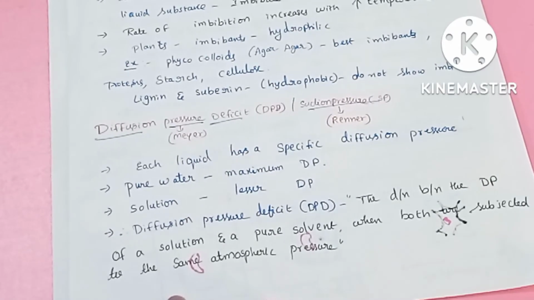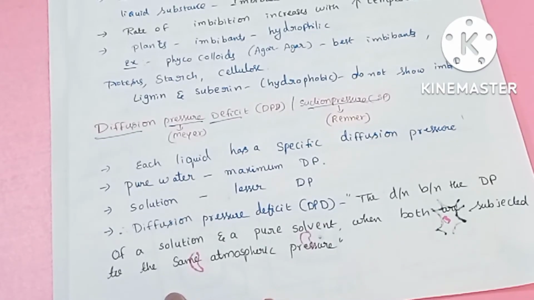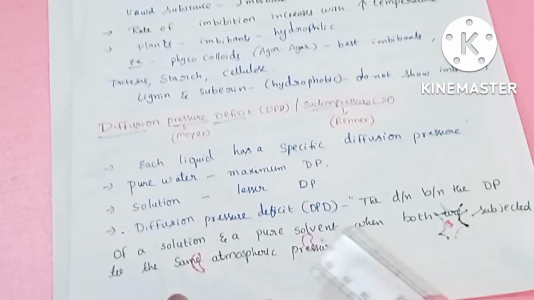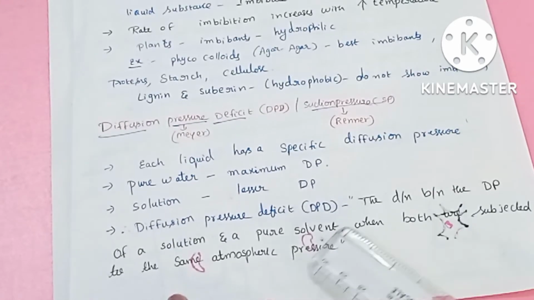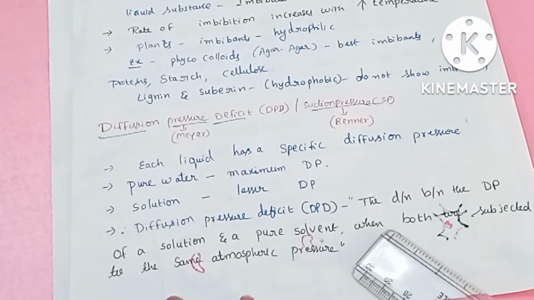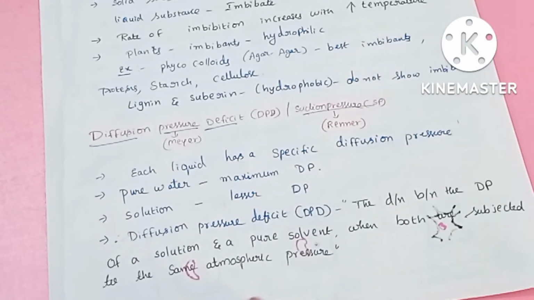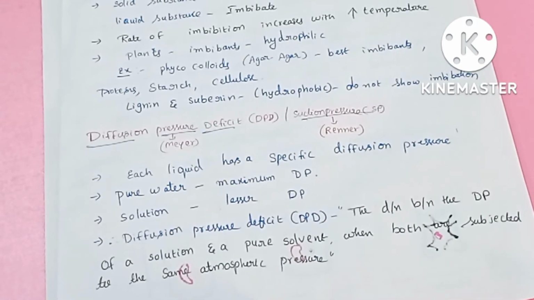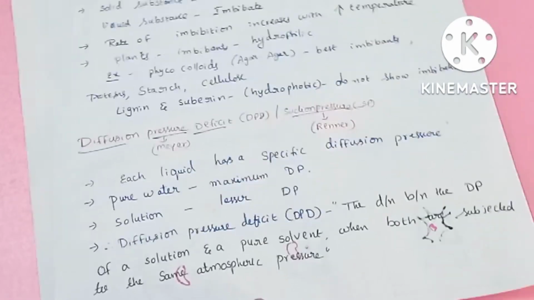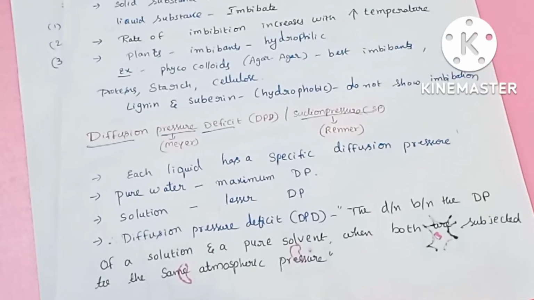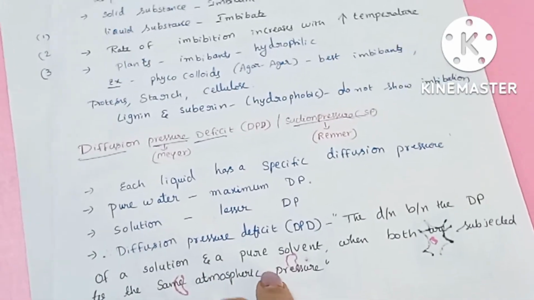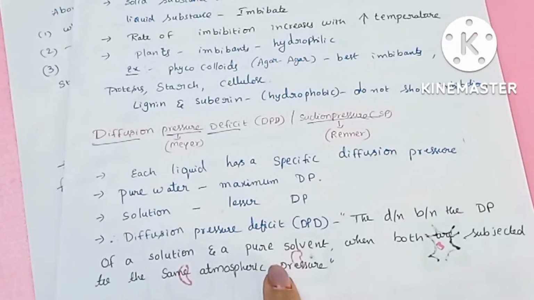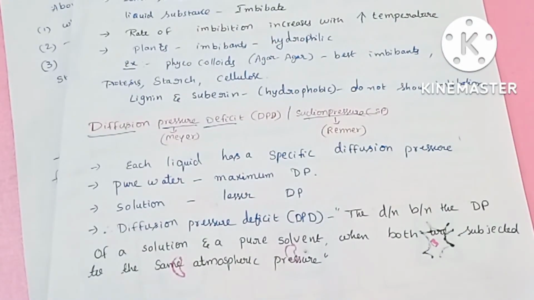At the same atmospheric pressure, the difference between the diffusion pressure of the solvent and the diffusion pressure of the solution is called diffusion pressure deficit.